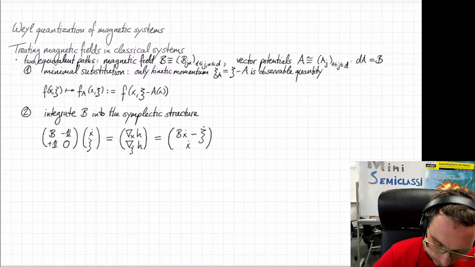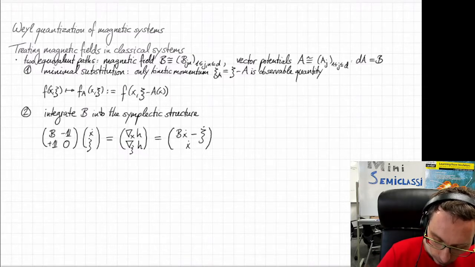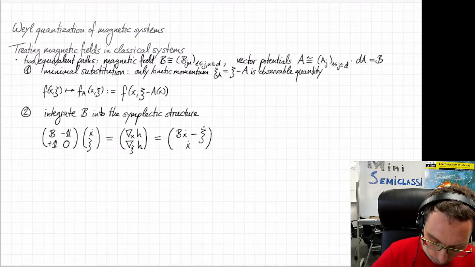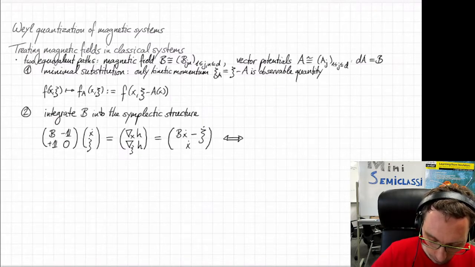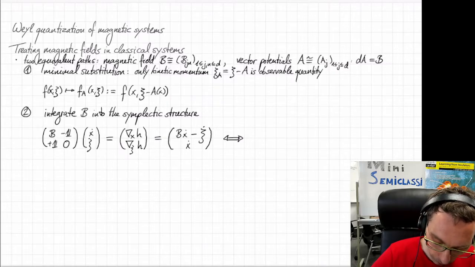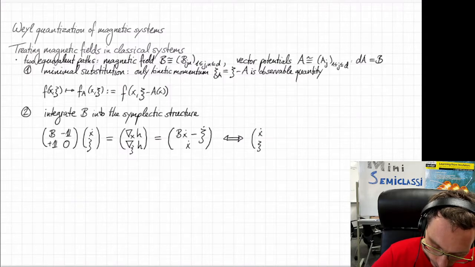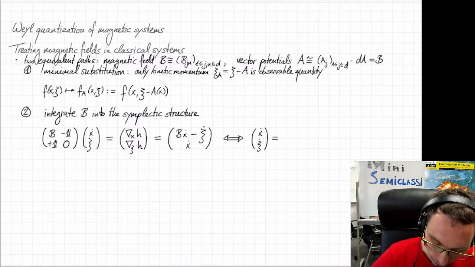And once you solve for x dot and for xi dot, then you just arrive at the usual equations. So the point here is that there is a geometric picture to all of this, so that you obtain just the Lorentz force law.